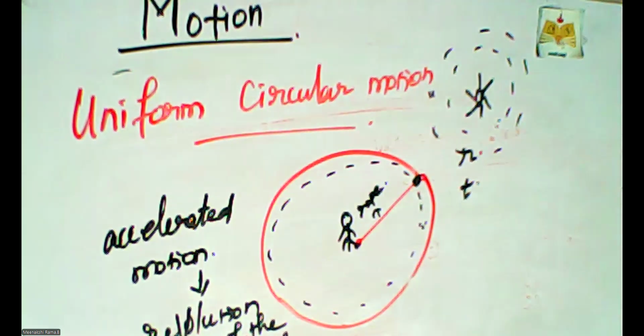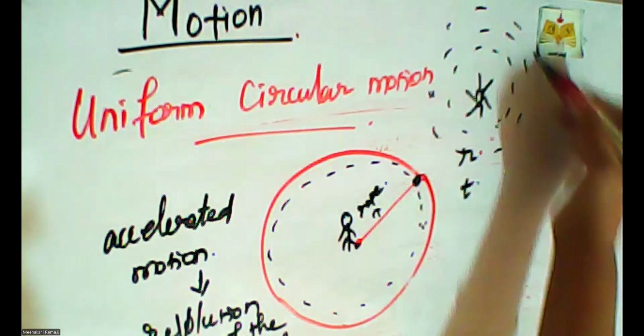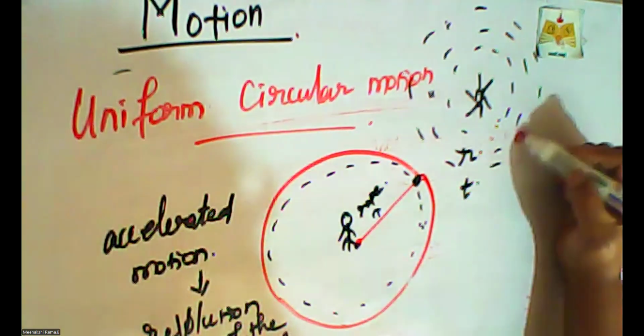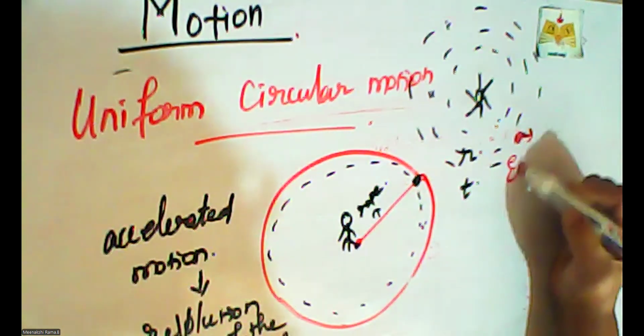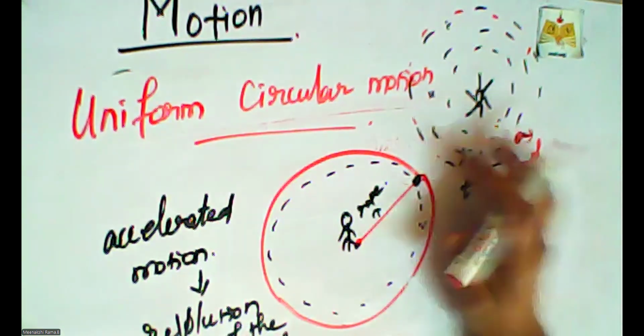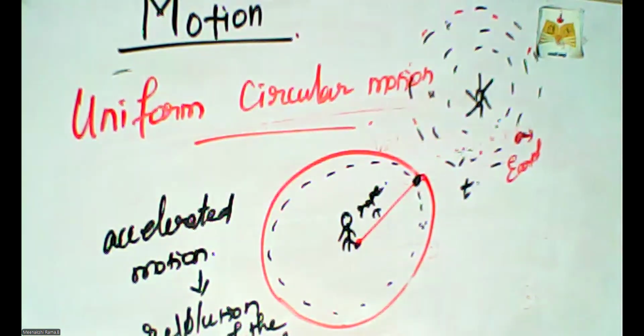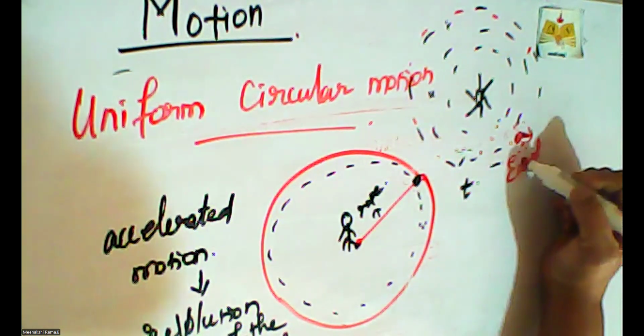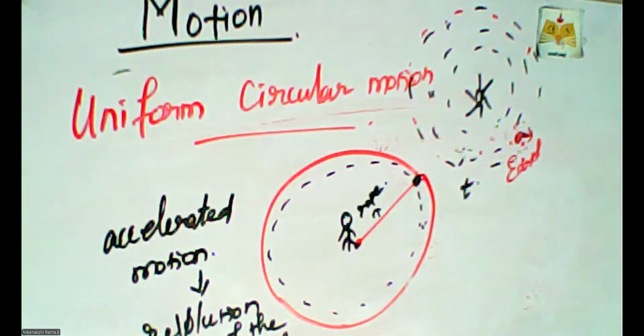The third planet of the solar system is Earth. The Earth always revolves around the sun, and the moon always revolves around the Earth. So this is also a good example of accelerated motion, that is circular motion.